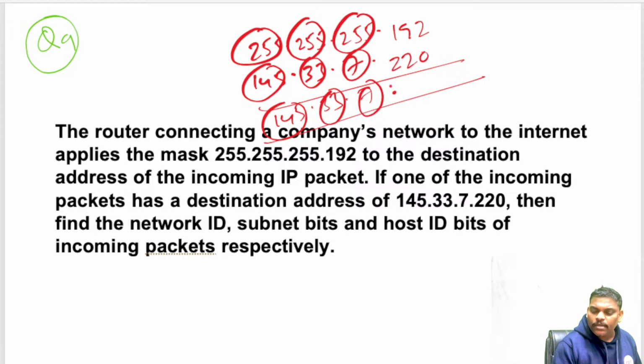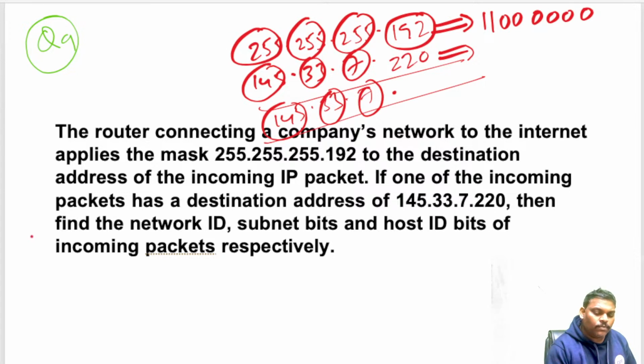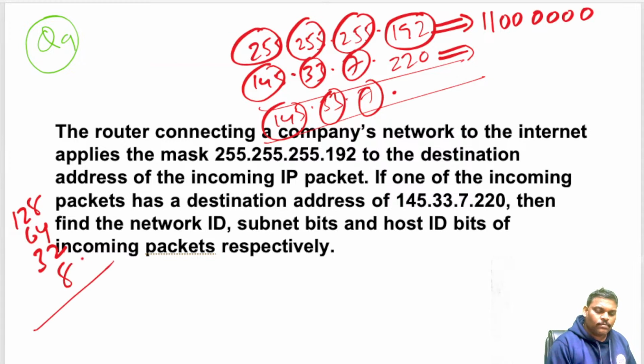So until now it's okay, but it is not 192, right? Few are ones, few are zeros. Can you convert into binary format? 192 is 1100 with 4 zeros. 220 how? 128, 64, 32. 220 how? 32 and 8. 8 plus 4 is 12. 12 plus 2 is 14.